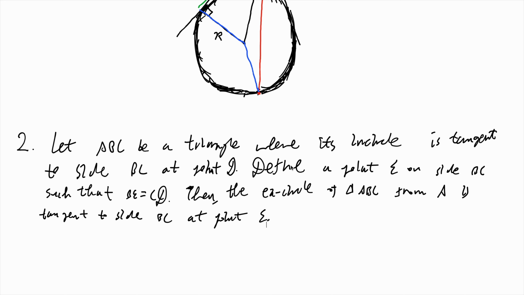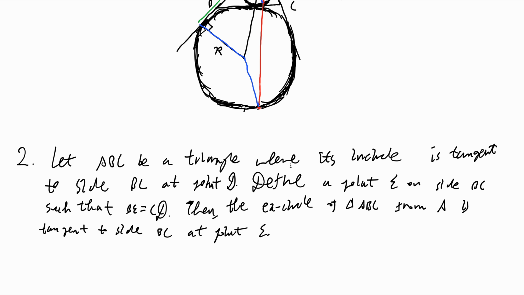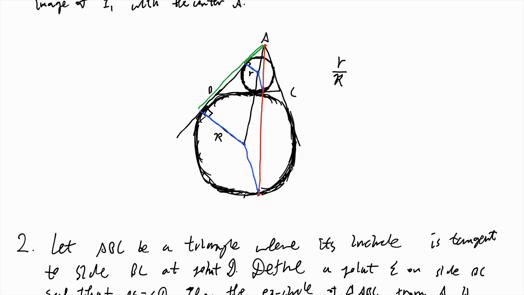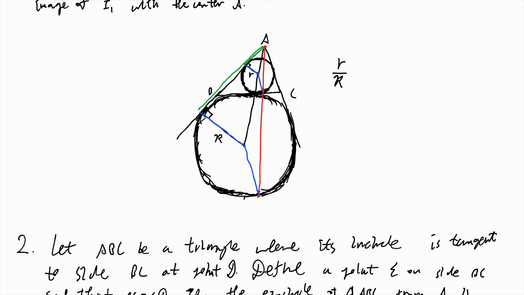Then the excircle of triangle ABC from point A is tangent to side BC at point E. I think that was a good description of what we have here.